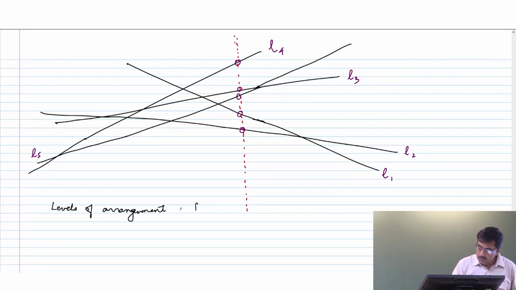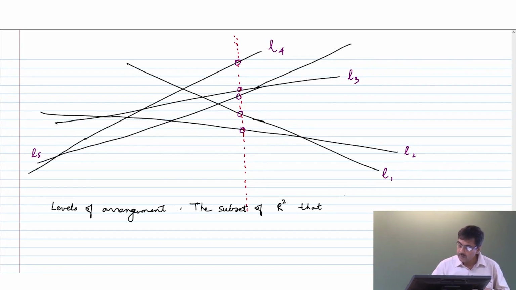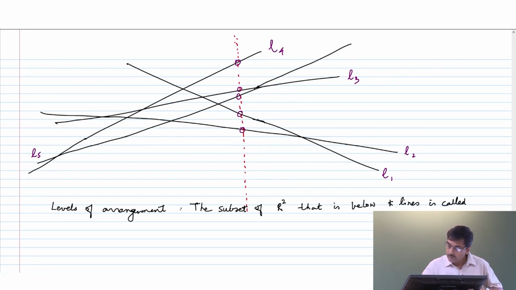So, the subset of R square, the plane, that is below k lines is called the kth level of the arrangement.